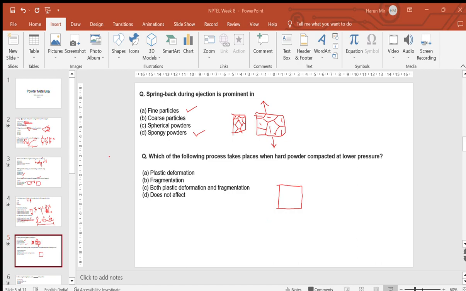You know there is a formula relating green strength and pressure, something like this: minus b, sigma naught, which is the rod strength of the material, and pressure. This b is related to change in arrangement, so we do not have any change in arrangement here. So we just have this factor relating your green strength and pressure.